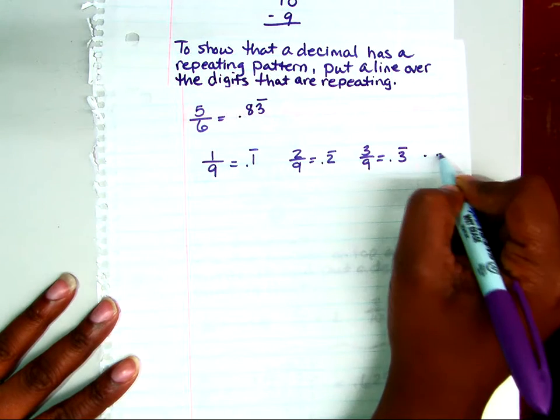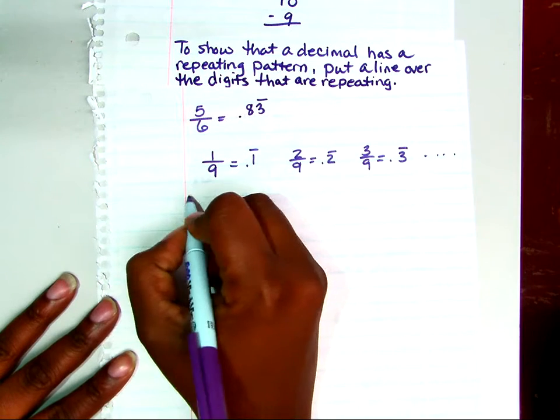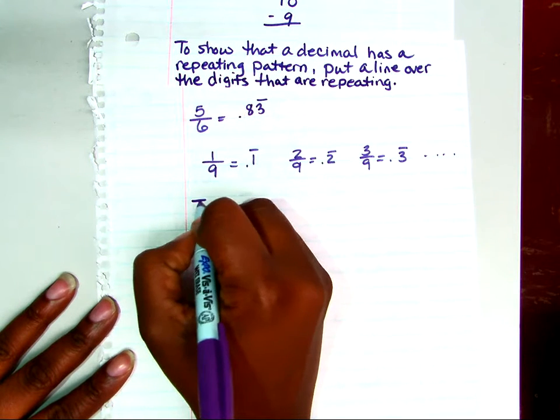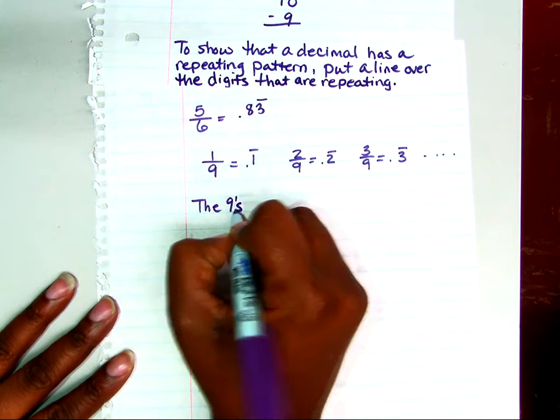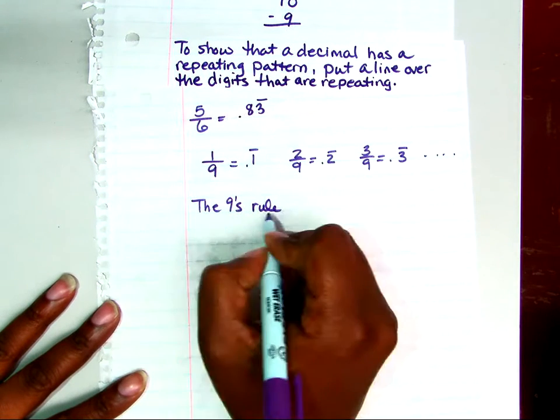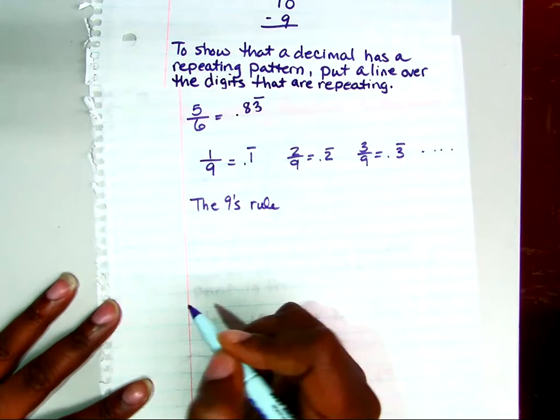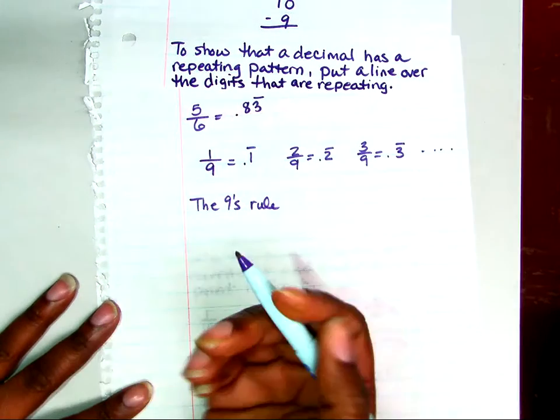We call this the 9s rule. Really, we call it Mrs. Robinson's 9s rule, but I cannot take claim to this fame.